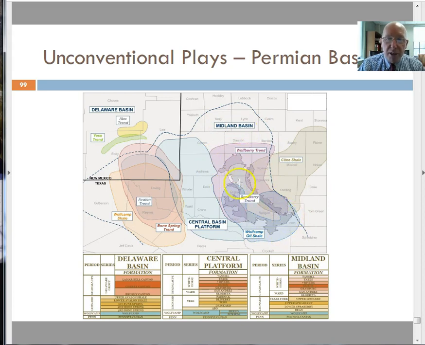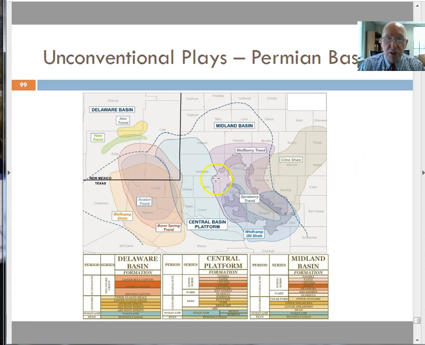The Midland Basin is where Midland is. The Delaware Basin is that other place which, even though Delaware is on the east coast of the United States, is to the west of the Midland Basin. This is where a lot of the drilling activity is. And again, we'll see that later when we look into drilling info.